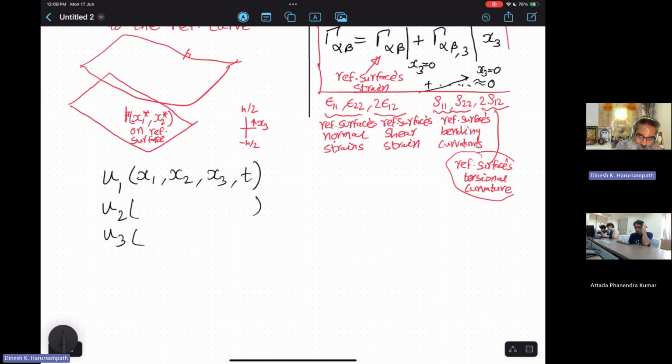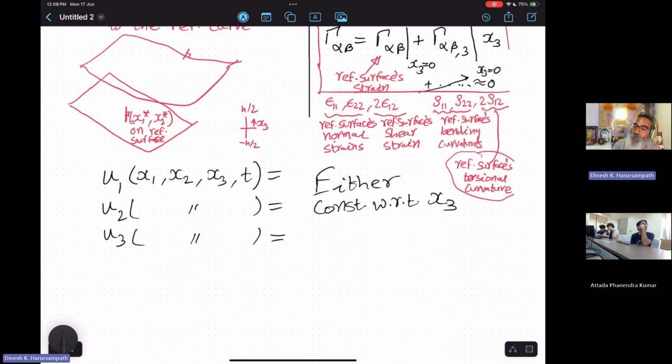The same thing in this case as well. Now what people do is they assume some of these as either constant with respect to x3, in other words, it doesn't depend on x3, or linear in x3.